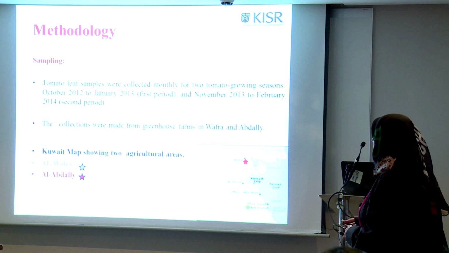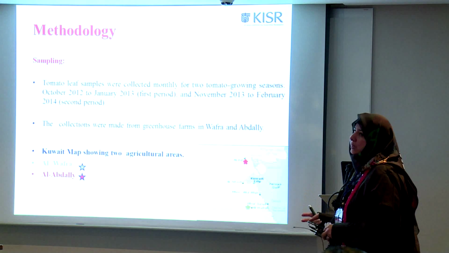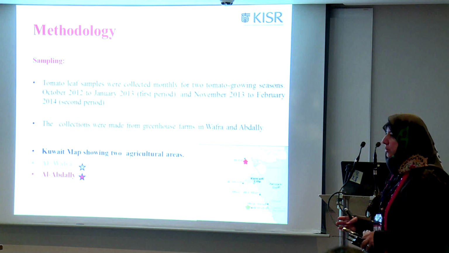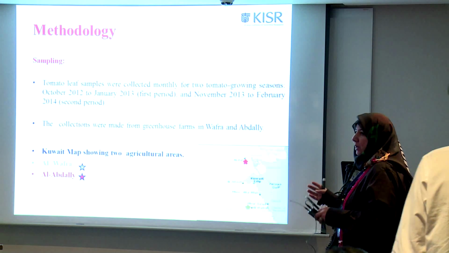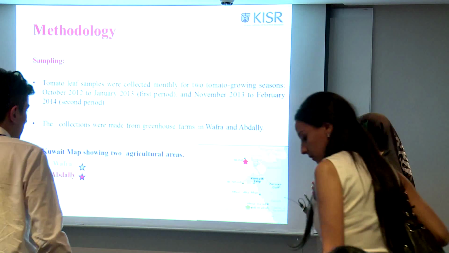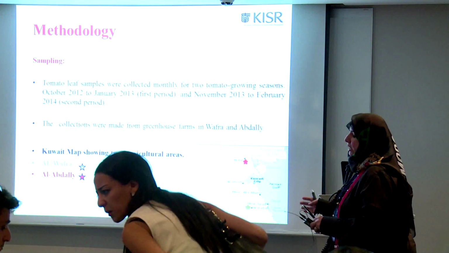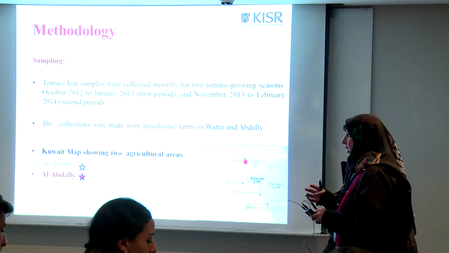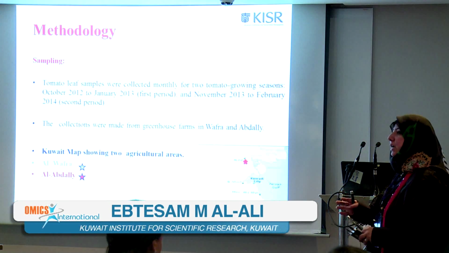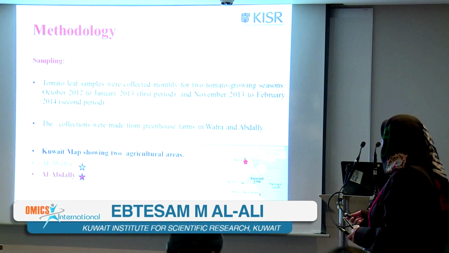The collection was done for 2 periods of time, because the tomato plants are grown in two seasons. One season in the winter, which is done in the greenhouse, and the second one in the summer months, which is also done in the greenhouses.